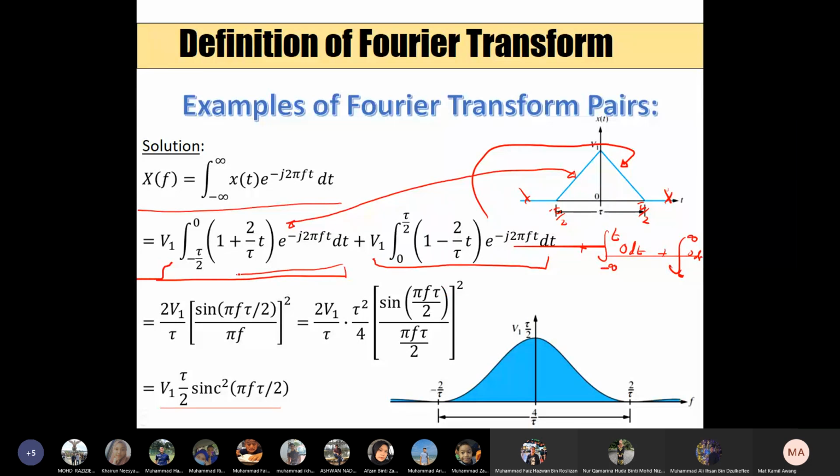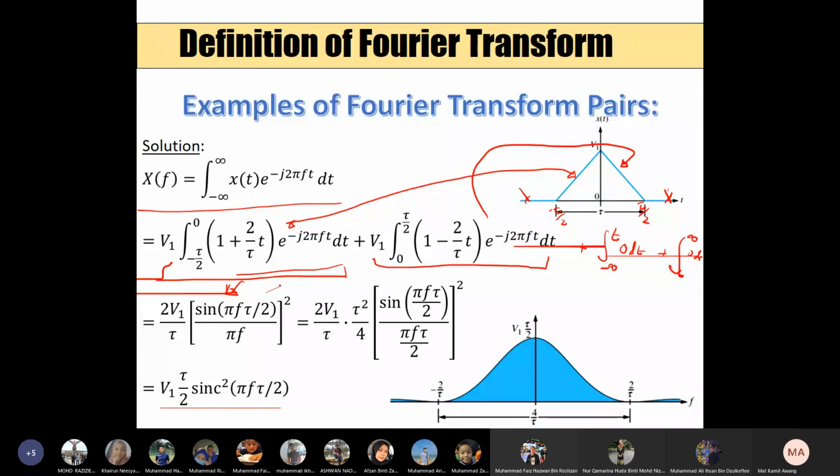And this integration is given by this: sine squared of pi f tau over 2 over pi f squared. The integration you need to do on your own. I'm not going to teach you because this is calculus.